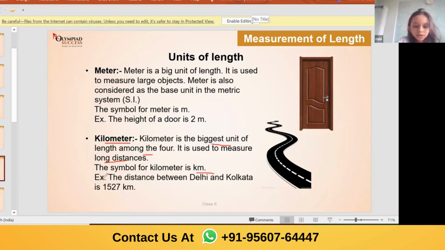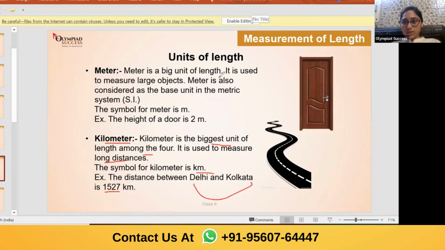Example: the distance between Delhi and Kolkata is 1527 kilometers. So kilometers we use to measure long distances, for example, the distance between Delhi and Kolkata. We measure it in 1527 kilometer.